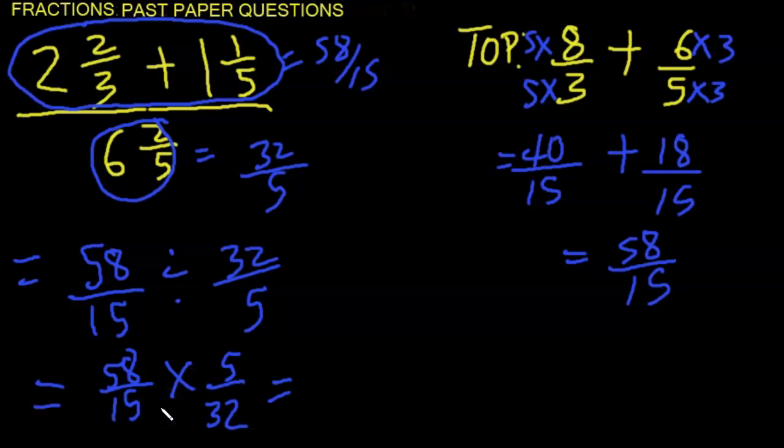So you're multiplying two fractions, and what always works? Numerator times numerator over denominator times denominator. So we have 58 times 5, that's 290. And we have 15 times 32, that's 480.